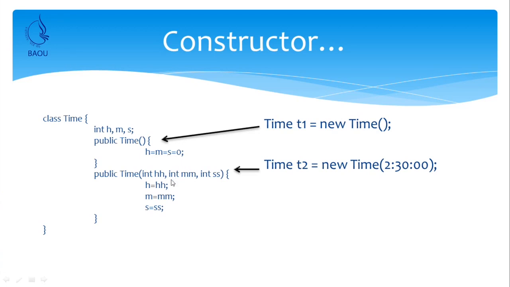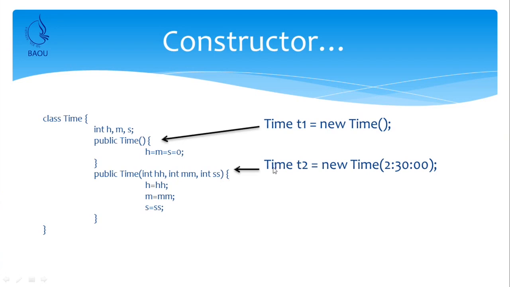Now, we write another constructor to initialize all 3 variables to different values specified by the user. Here Time is the class name, so it represents a constructor, it is public and it takes 3 arguments h, mm and ss of type integer, which match our instance variable types, and it initializes h to the first argument, m to the second argument and s to the third argument.